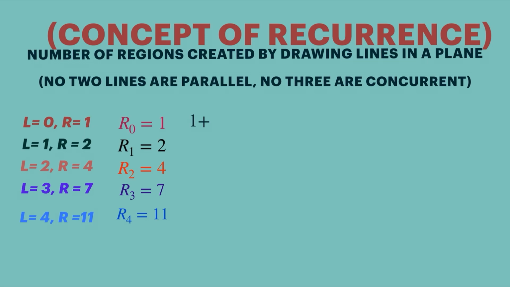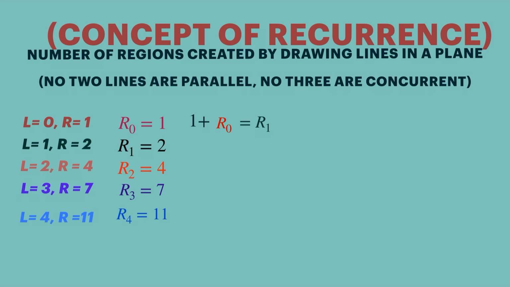Now see a very interesting relation between two consecutive values of the number of regions. Between R0 and R1, there is a relation. We may write 1 plus R0 equal to R1. How is it possible?